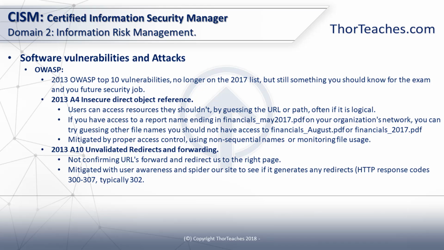This is the old URL, this is the new URL. And we can also automate it and use a spider to crawl our site and see if it generates any redirects. They would normally be HTTP response codes somewhere between 300 and 307. Most commonly 302. Once we found that, then we can fix it.